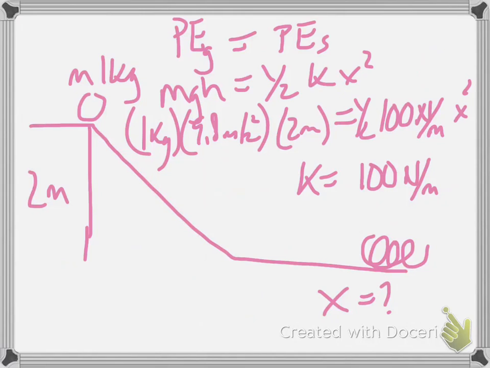Off the top of my head, I'm not positive. Where's my calculator? Okay, right around 0.63 meters. All right. So just another example of one type of energy turning into another type. If you have any questions on any of this, don't hesitate to ask.